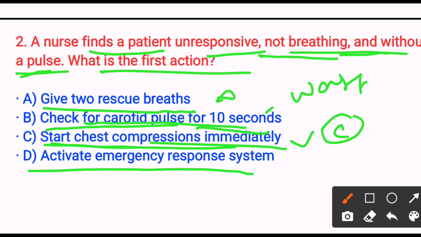Current AHA, American Heart Association guidelines emphasize high quality chest compression as the first step for an unresponsive, pulseless, apneic patient. It is CAB: compression, airway and breathing. Prioritize compression to restore coronary and cerebral perfusion.